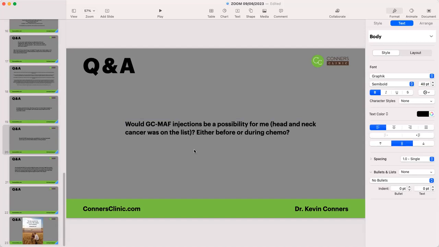The inherent problem with GCMAF is the question whether the current manufactured GCMAF is the same as what was manufactured in Europe a decade or so ago that got shut down, I don't know, 7 years ago or something like that. And they just got shut down, and the owners, I think, got jailed.